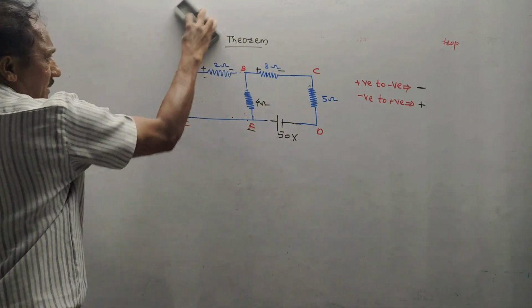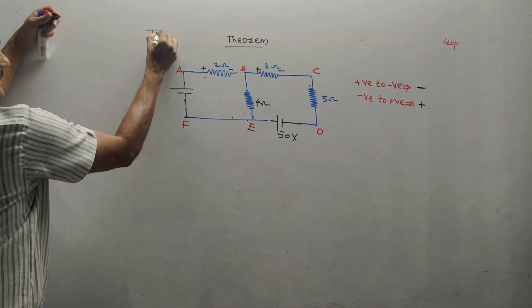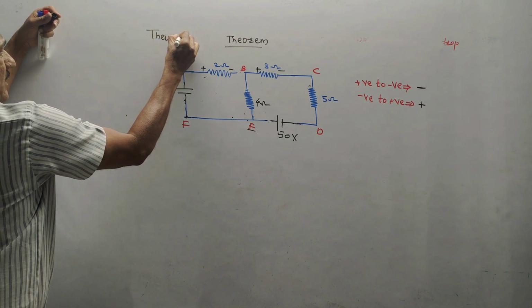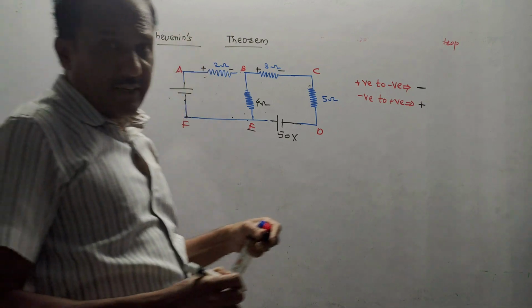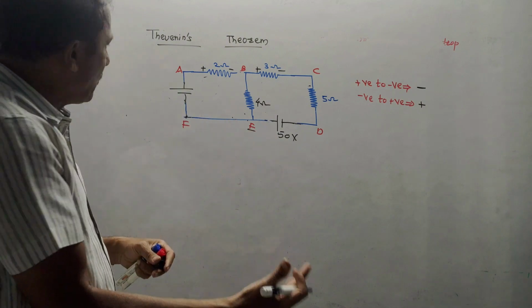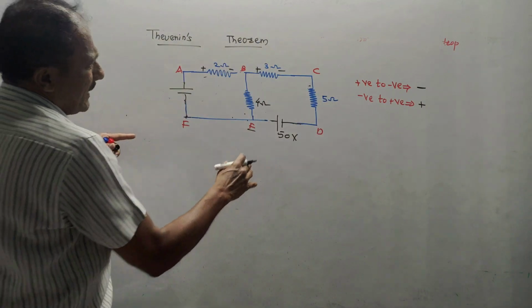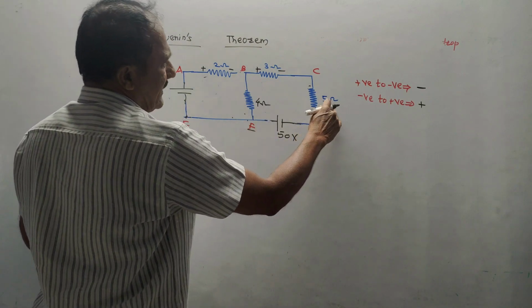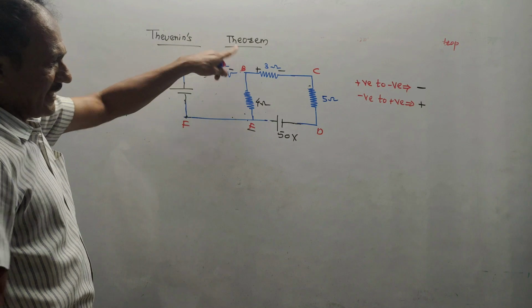Now, one more theorem is there in this chapter, that is Thevenin's theorem. Again, you need to prepare the statement and explanation of Thevenin's theorem. I am talking about how to solve the numericals. If it is asked to calculate the current passing through 5 ohm resistance, let us say 5 ohm because it is connected at the output side, using Thevenin's theorem, then how to do it?